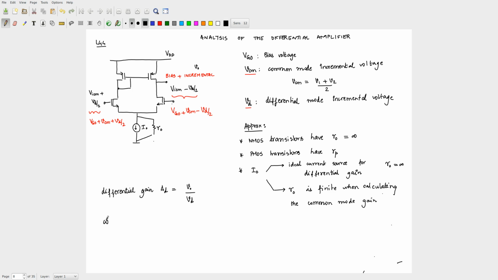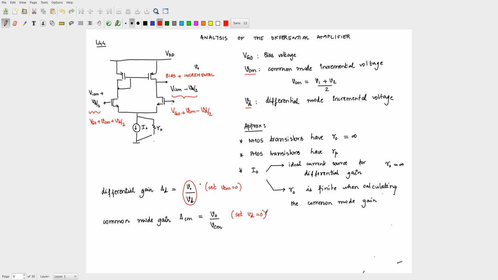And the common mode gain ACM is V0 divided by VCM. Remember that when you are doing this calculation, you set VCM equal to 0 for the differential gain, and here you set Vd equal to 0.